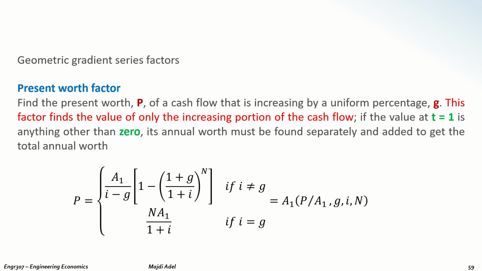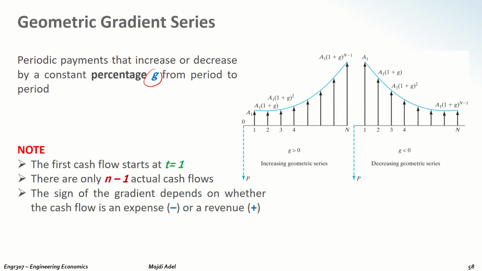The gradient part starts at n equal 2, okay? So anything before n equal 2 is not considered, or excuse me, anything at n equals 0 is not considered in the formula that we are going to develop.